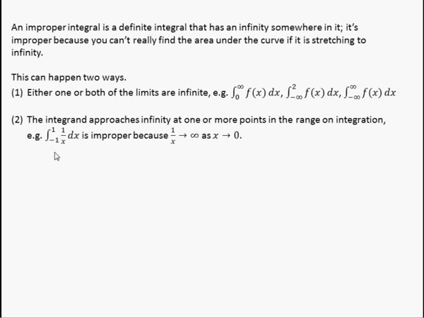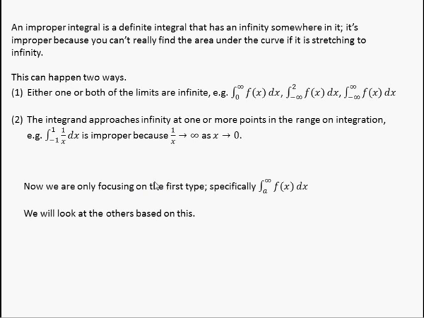For example, integral of 1 over x from -1 to 1 is improper because when x equals 0 you have an asymptote, so it goes to infinity on both sides. It goes to infinity from the positive side and negative infinity from the negative side.